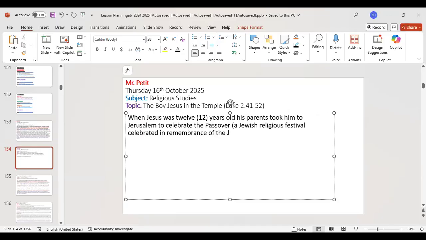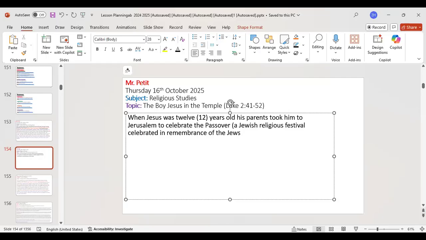I thought the Passover was the Last Supper. That's also Passover. It was during that time as well. Jesus in the upper room was celebrating Passover too. You see, Passover happens every year. So this is just the year when they came.